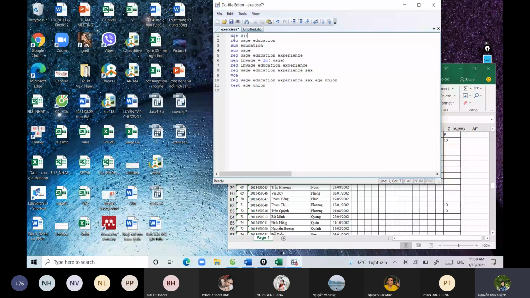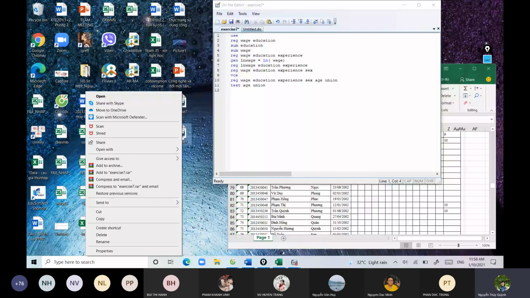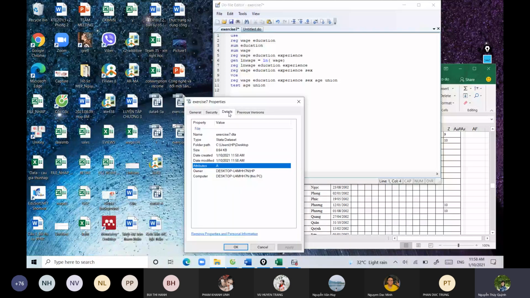Now properties. We will have the detail of it, the location. C user HP desktop. Okay, use C.